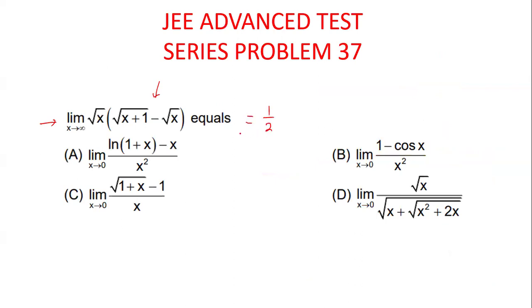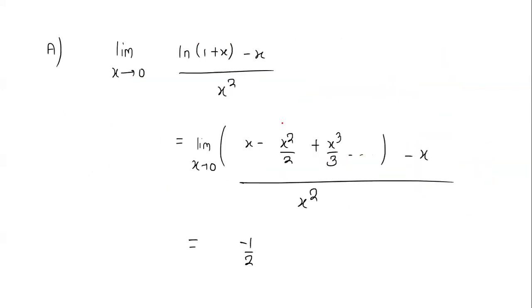So now we have to see which limits have value equal to half. If any of these four options have limit equal to half, then that will be the correct option. So let's see the first option. We have ln(1 plus x) minus x divided by x square, and the limit is x tending to 0. You know the ln(1 plus x) expansion is x minus x square by 2 plus x cube by 3.